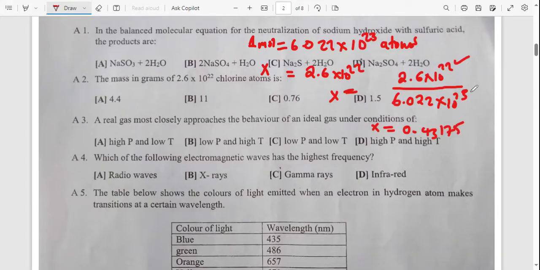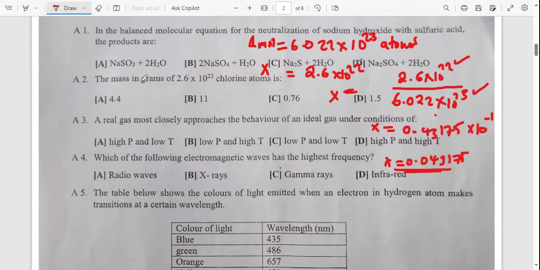This is 10 to the power 22, this is 10 to the power 23. According to the laws of indices, when we are dividing numbers of the same base, just subtract the power. So that will be 22 minus 23, so this will be times 10 to the power negative 1, which means that x actually is 0.043175.